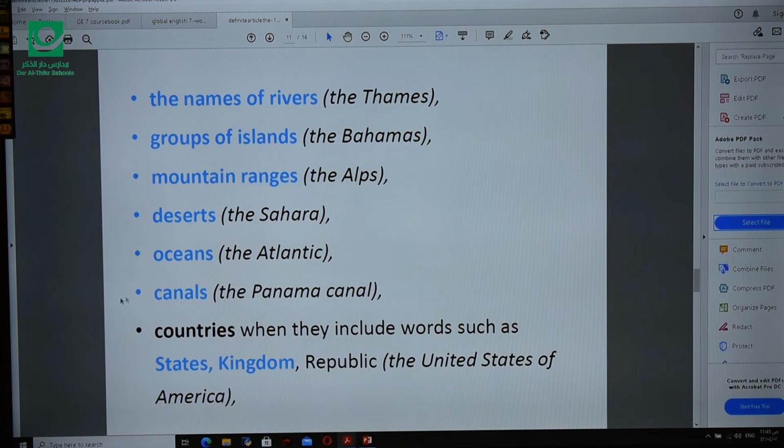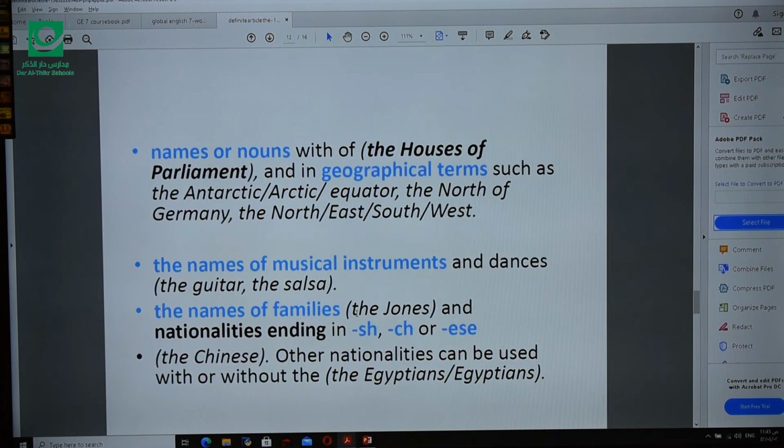Next one, canals, or kingdom, states, united. Any country that starts with kingdom, republic, or united, like the United States of America, the Kingdom of Saudi Arabia, the Arab Republic of Egypt. Those countries we use the.